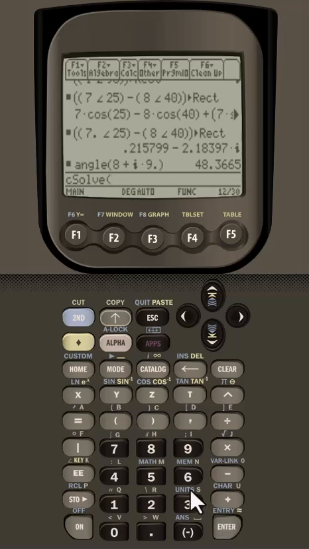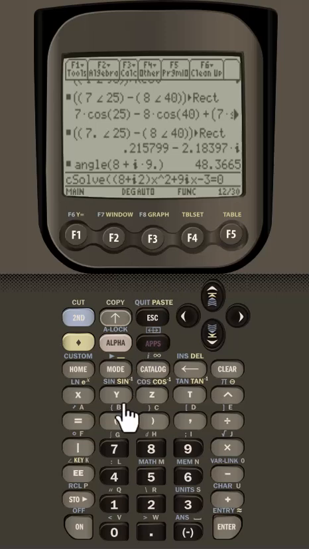So C solve, and let's say I have 8 plus j2 x squared plus 9jx minus 3 equals 0, and I want to solve that for x.